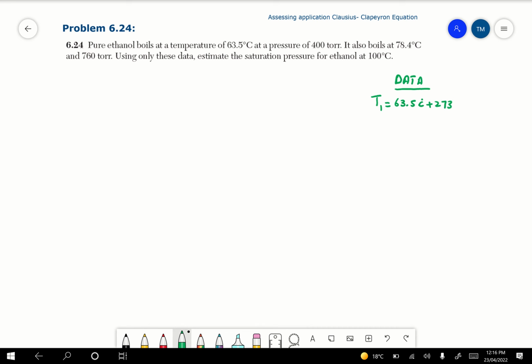That can be converted into Kelvin using 273, which is 336.5 Kelvin. P1 sat is 400 torr.